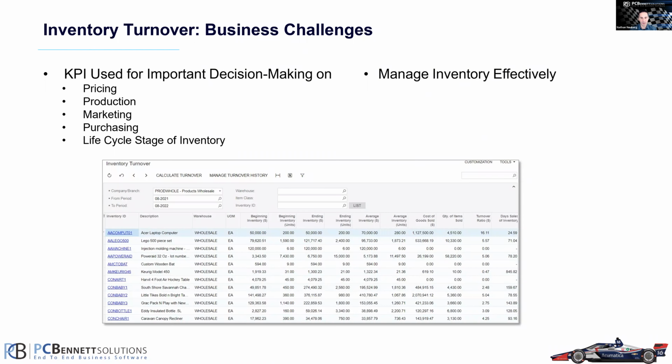For those who don't know, inventory turnover is the ratio of how many times you've bought or sold inventory, sold or used it, and replaced it during a given period of time. These are always included in KPIs for inventory management and procurement roles. It helps businesses make better decisions on pricing, production, marketing, purchasing, and managing the life cycle of those inventory items.